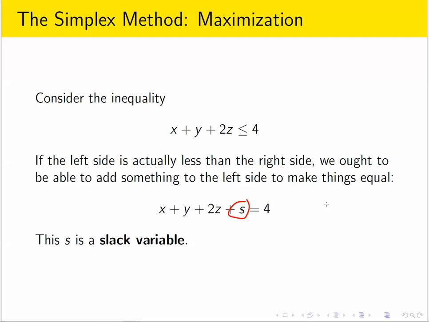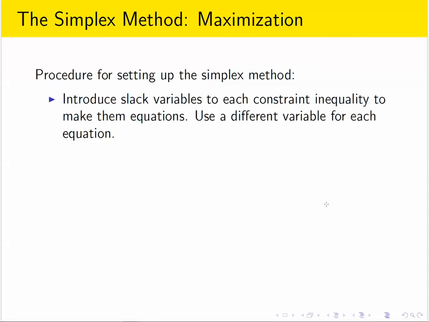So again, all we're doing is adding a non-negative value to the left side so that the two things will be equal. We don't know what value that is. It turns out we will discover that value from applying the simplex method. But this is our first step. We introduce slack variables for each of the constraints in order to make them into equations. And we'll need a different variable for each equation.